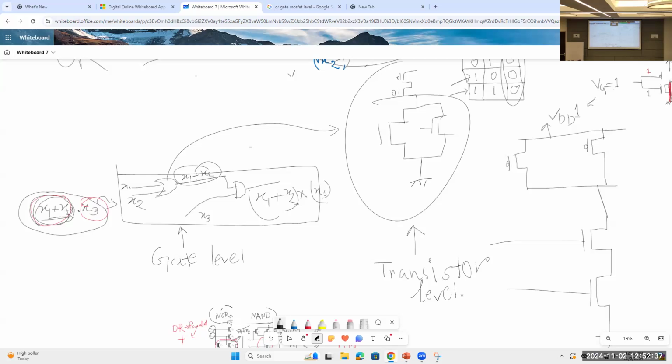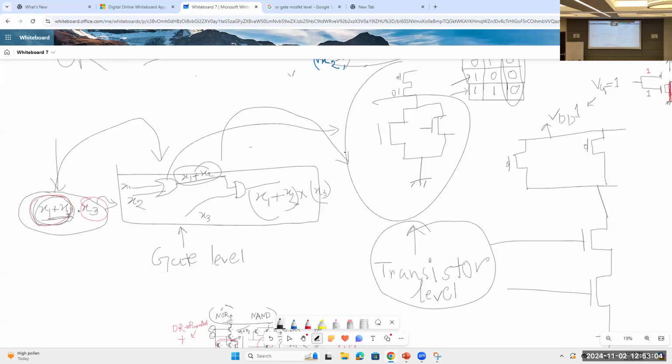So actually, different engineers work on different segments, because not everyone can be an expert in transistor level. It's a division of work. Suppose you have functions. Someone will convert this function to gate level, and someone will convert this gate level to transistor level.